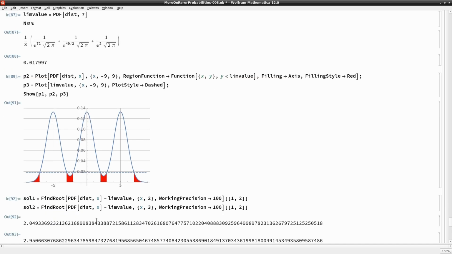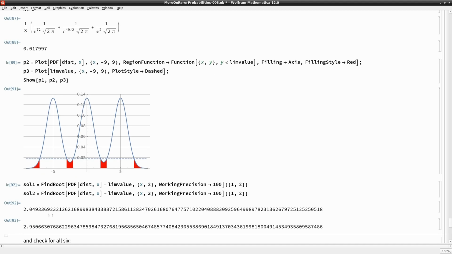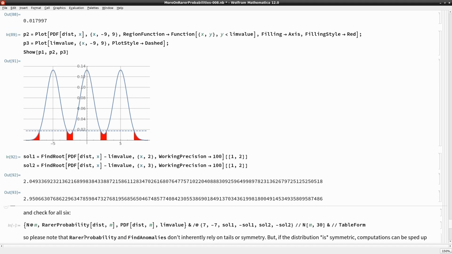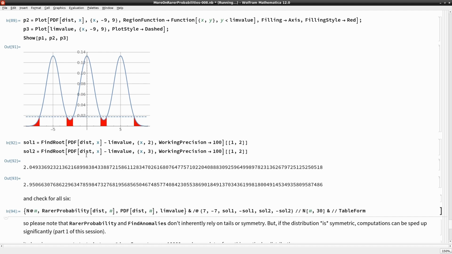So again, I use find root. I'm trying to get 100 decimals, and we see we have these 2 numbers here, 2.05 and 2.925. And now let's check all 6 of them, right? You see it's 6. It's 1 here for the lower cutoff, 1 for the upper cutoff, and we have 4 in the middle.